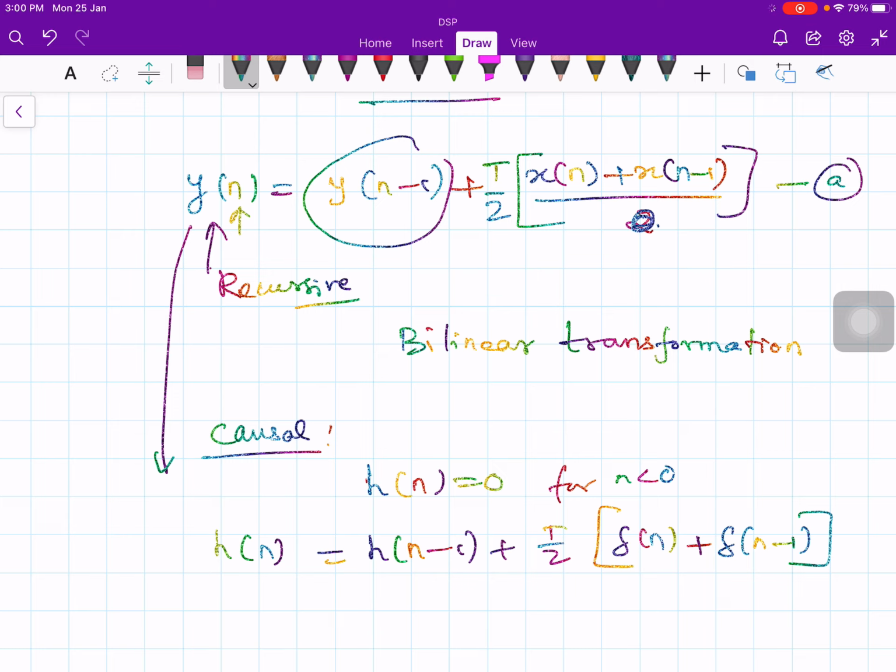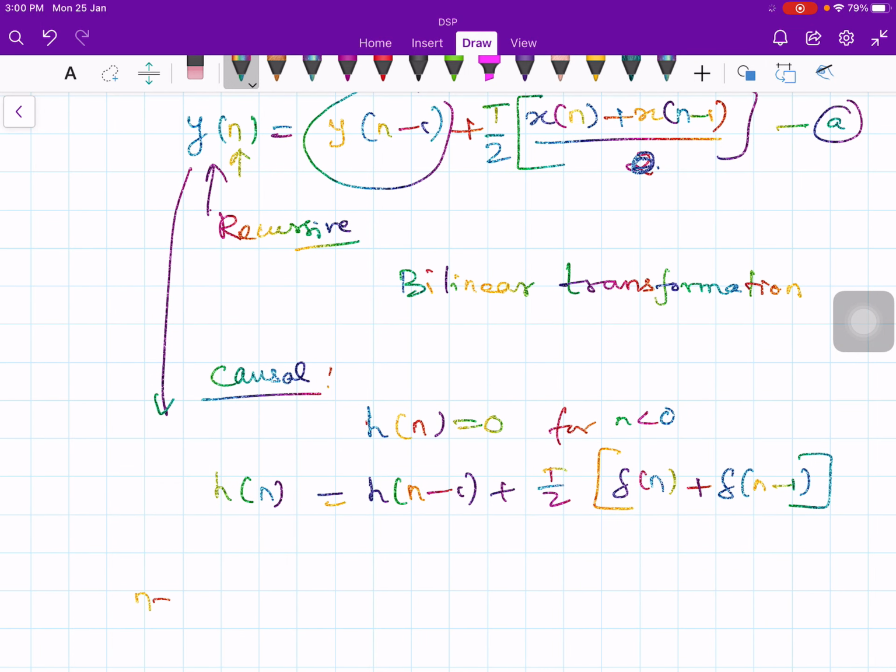For a causal system, h of n is 0 for n less than 0. That means for negative values of the index, h of n is 0. So I start computing from n equal to 0. Substituting n equal to 0, h of 0 is equal to h of minus 1 plus T by 2 times delta of 0 plus delta of minus 1.